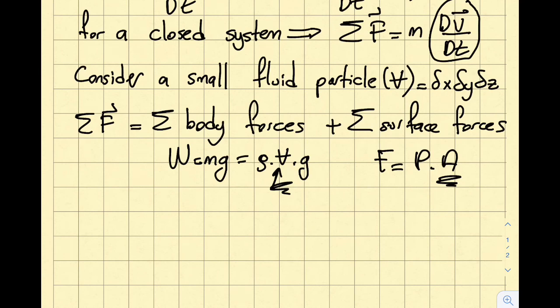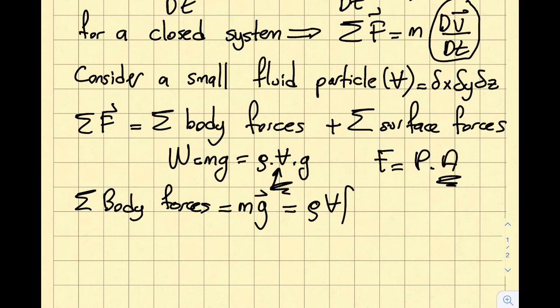As I mentioned, body forces can also be electromagnetic forces, which is not as common. But it's going to be m times the gravity vector, because gravity has a direction. So I define this as the density times volume times (g_x i + g_y j + g_z k).